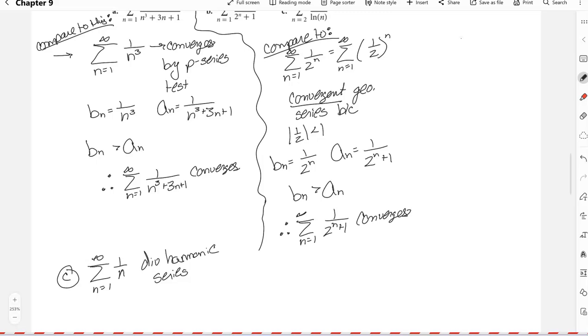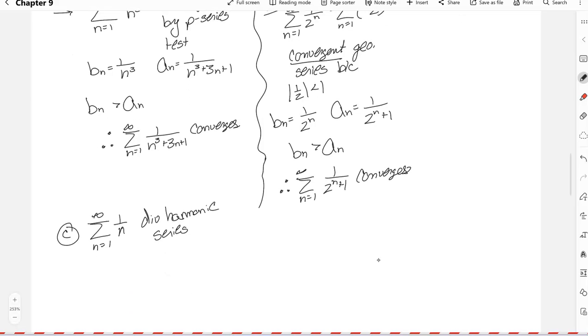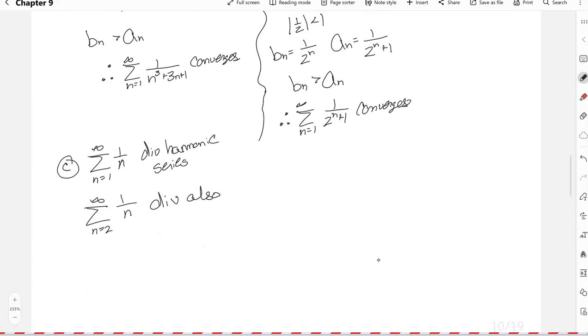And in fact, if we wanted to, we could start this at 2 instead, because if it diverges starting at 1, it's still going to diverge if I start at 2. And why would I want to do that? Because the original sequence starts at 2. I'm only leaving off that first term for this one.